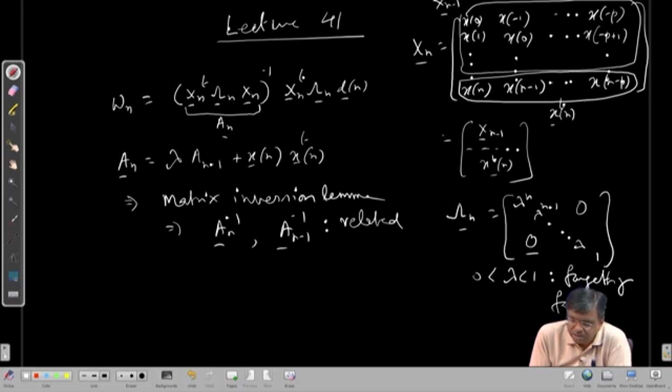But this assumption that they are invertible has to be enforced, because as we discussed earlier, the number of columns is p plus 1, and the number of rows is n plus 1. If n is less than p, then the number of rows is less than the number of columns, and we have seen that in such cases this matrix A n, which is Hermitian, is not positive definite, and therefore it is not invertible.